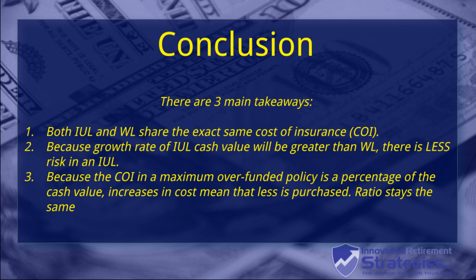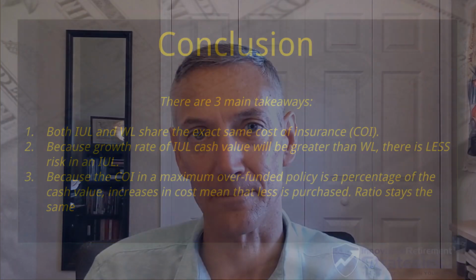And lastly, when you're talking about a maximum overfunded policy, because the amount spent on insurance is a percentage of the cash value, the rising cost of mortality does not have any impact. It's still the same percentage of cash, the same amount of cash that's being spent on death benefit protection. So it's just an absolute myth that the rising cost of mortality will cause a policy to lapse.